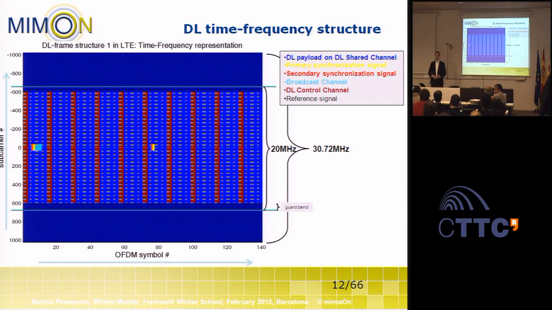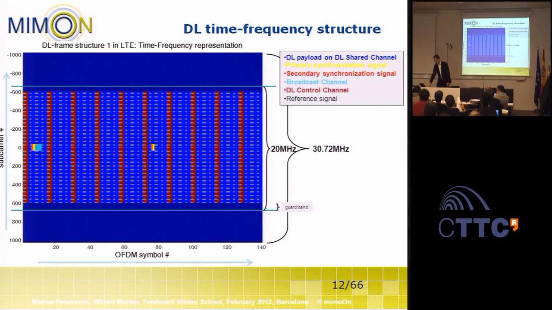But you need to make sure that you are synchronized to your cell. Also, you need to monitor different other cells. So you're not only monitoring this for your cell, but also for other cells where you have to perform measurements. And at the same time, you must be able to decode data on the other subcarriers simultaneously.